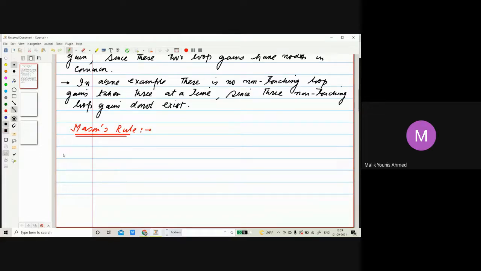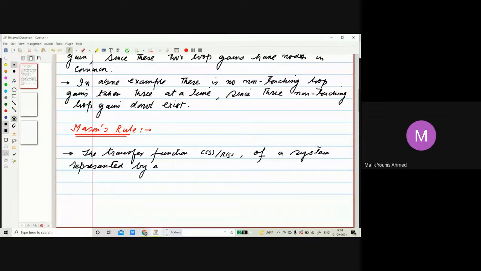Now the transfer function C of S by R of S of a system represented by a signal flow graph is, now G of S will be C of S by R of S, that we know.